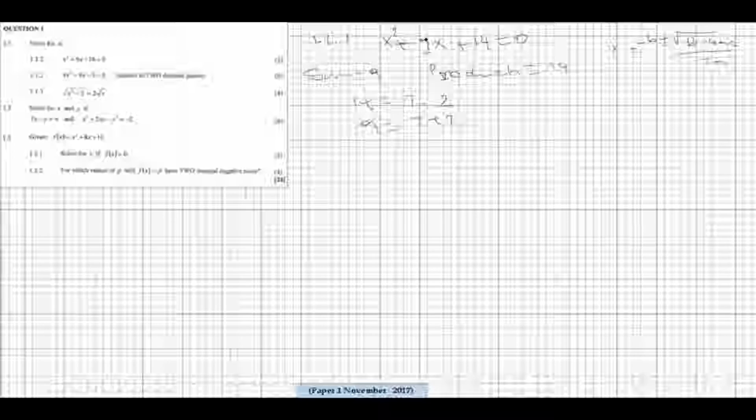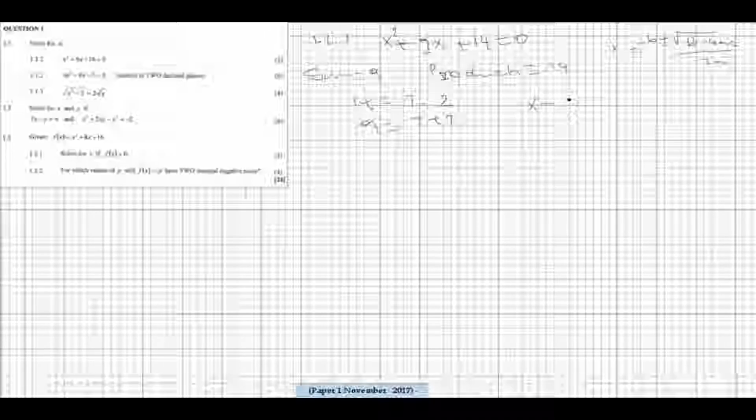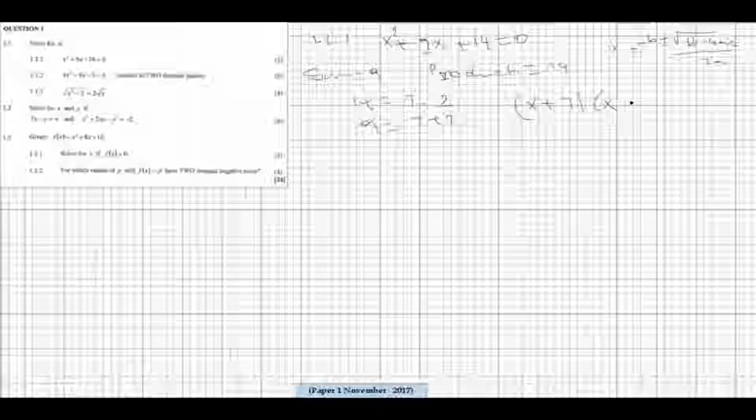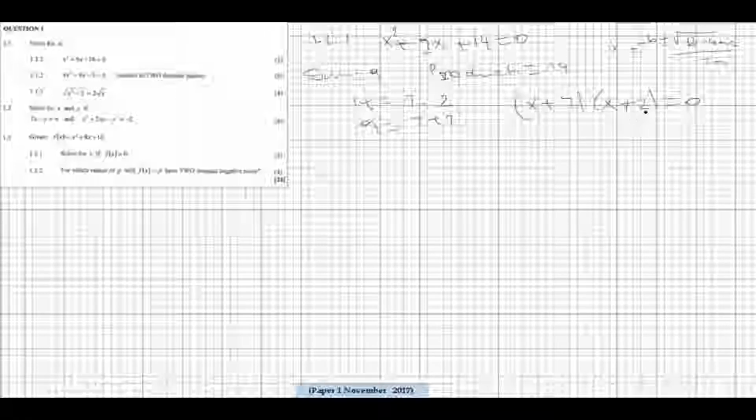So now the factorized expression will be x plus 7, multiplied by x plus 2, is equal to 0.